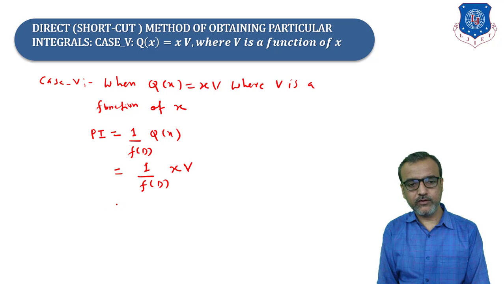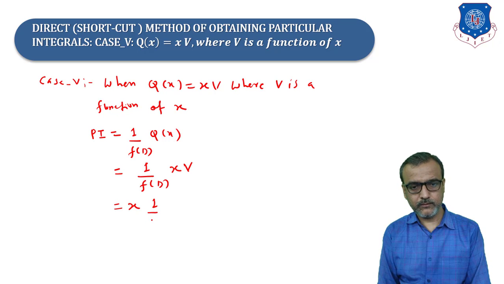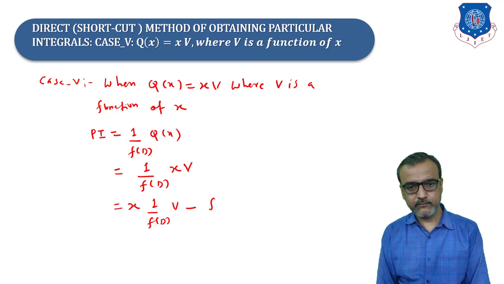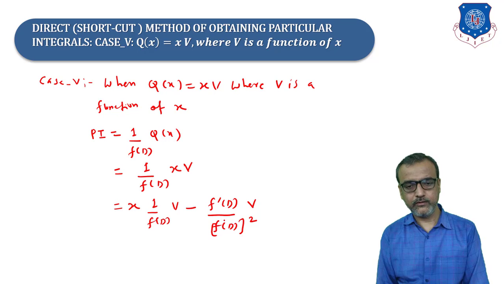Now we will apply one formula to evaluate PI in this case: x into 1 upon f of D into v, minus f dash D over f of D the whole square into v. Now we will apply this formula to evaluate PI when Q of x is x into v. Now I will make you understand this concept with the help of examples.